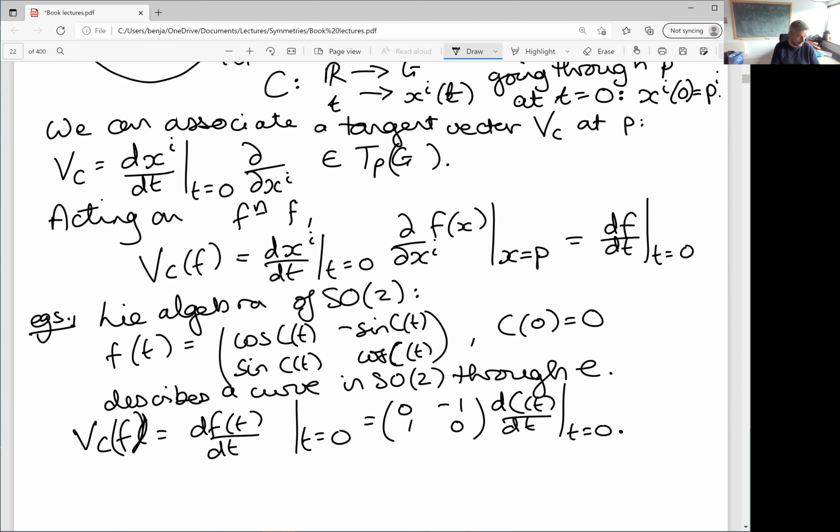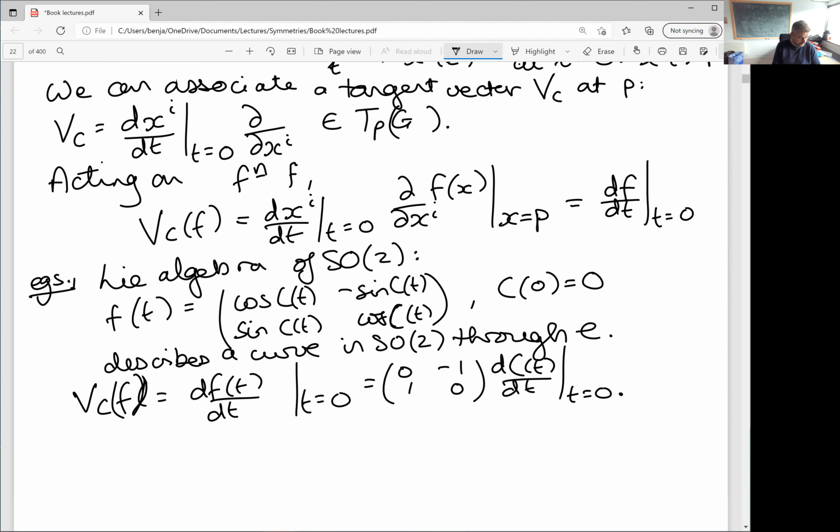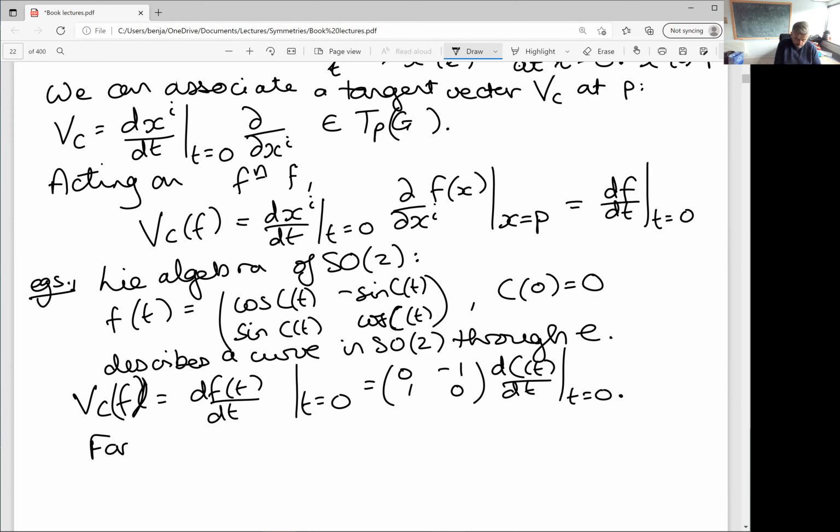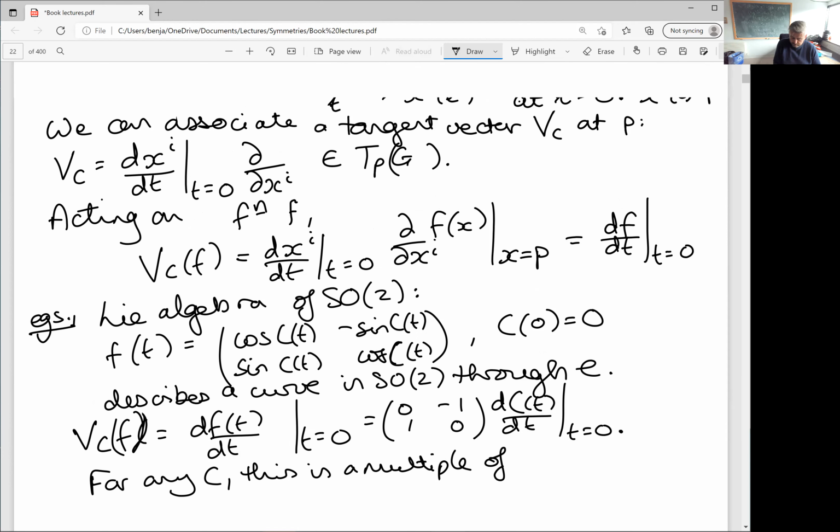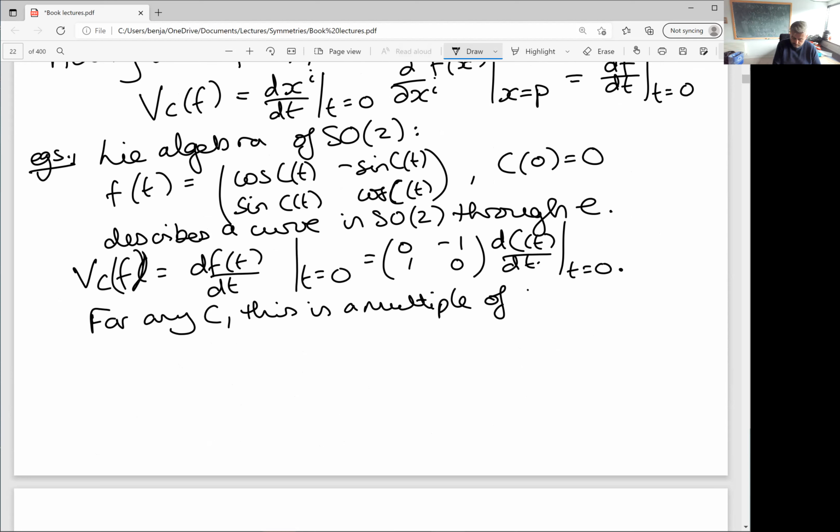Remember, everything has to be smooth functions, and so they're all going to be multiples of this matrix. So it's a multiple of 0, minus 1, 1, 0.